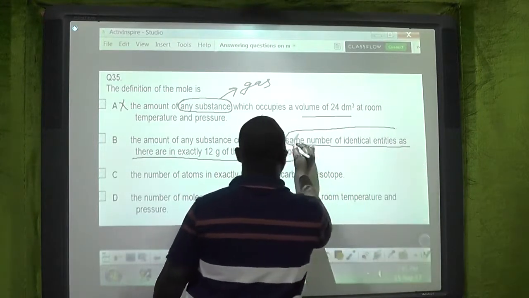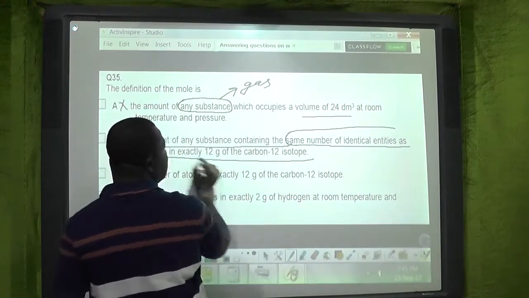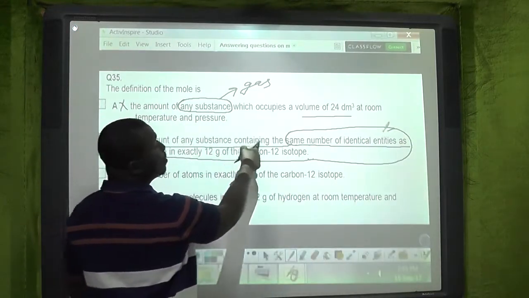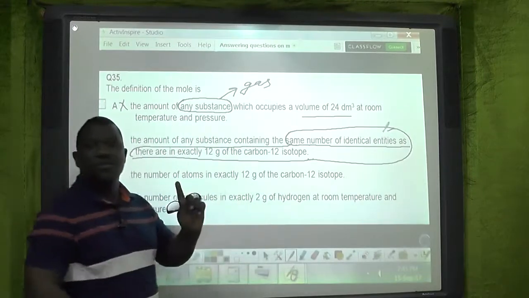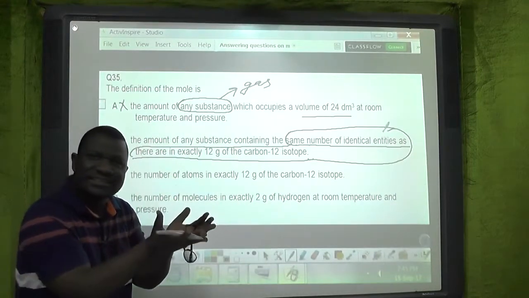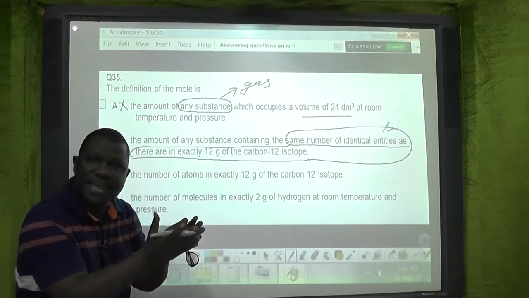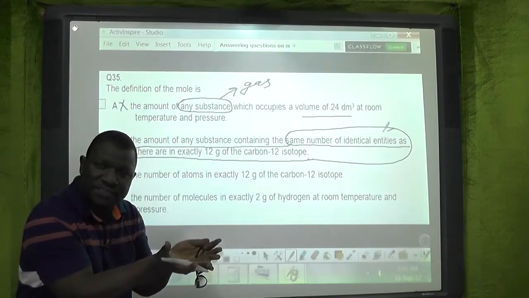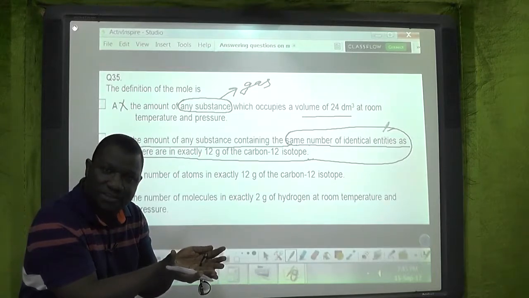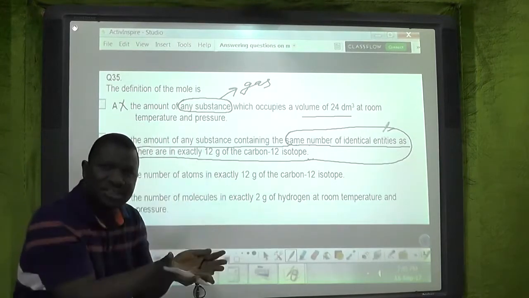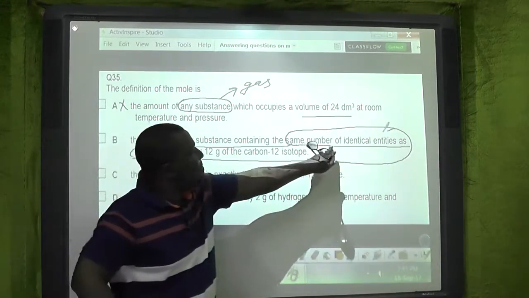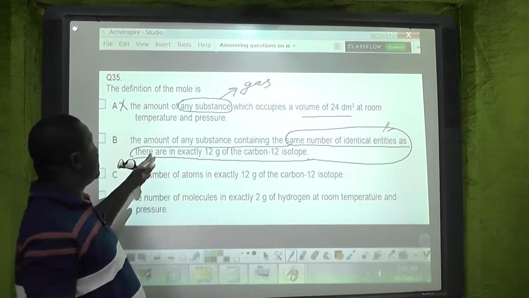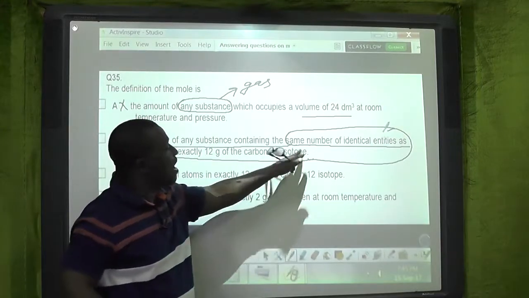MR. All this is telling us the amount of any substance which is contained in the MR or MA, depending on whether it is a molecule or an atom, that is the unit. Same number of identical entities as there are in exactly 12 grams of carbon.